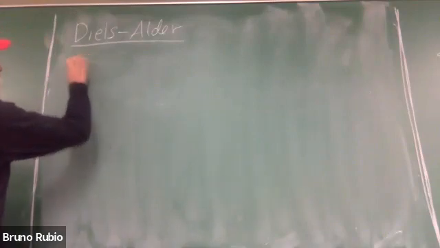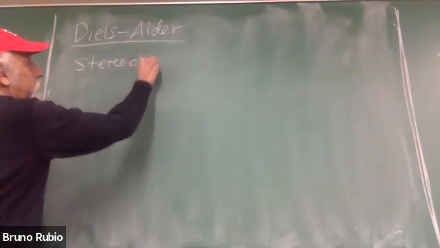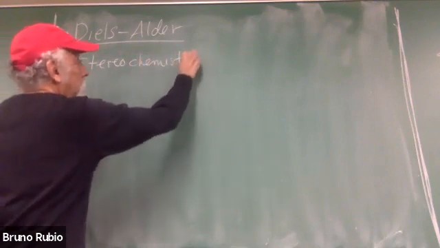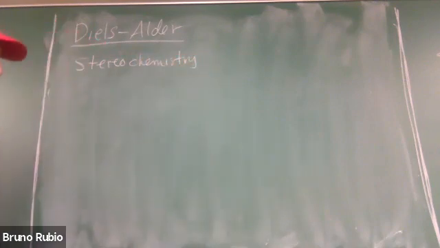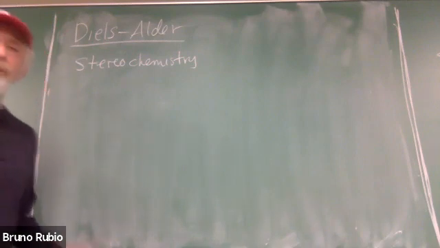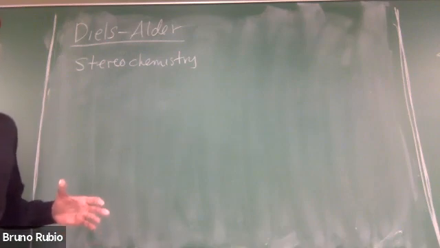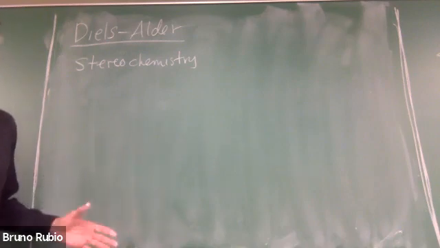Okay, next issue to talk about is stereochemistry. All right, and this is a lot more complicated than regiochemistry because this involves visualization. It also involves artistic skill.